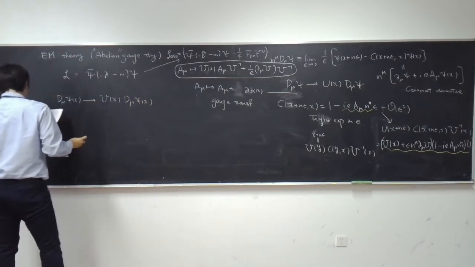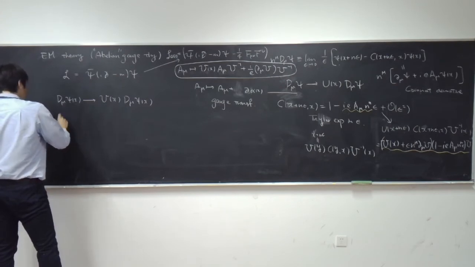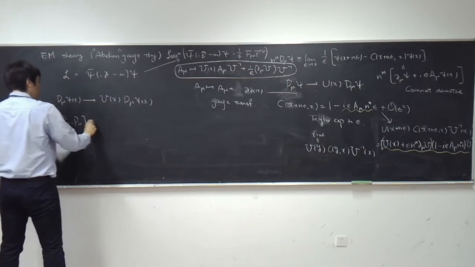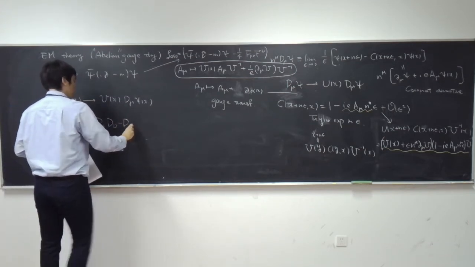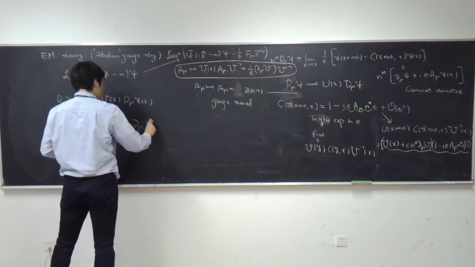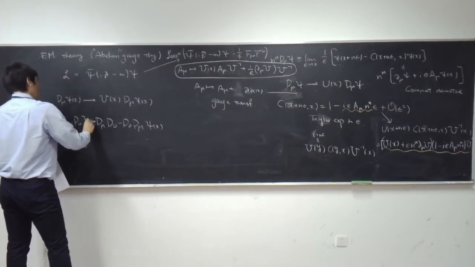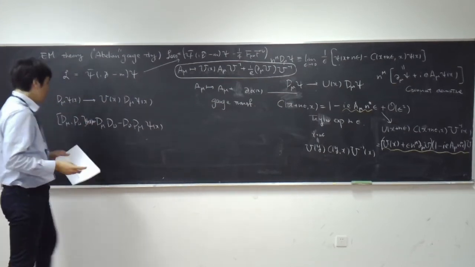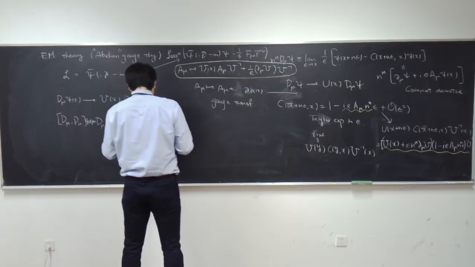So what if you apply it two times, okay, d mu and d nu, which is d mu d nu minus d nu d mu acts on psi of x. Okay, so then this is transformed the following way.